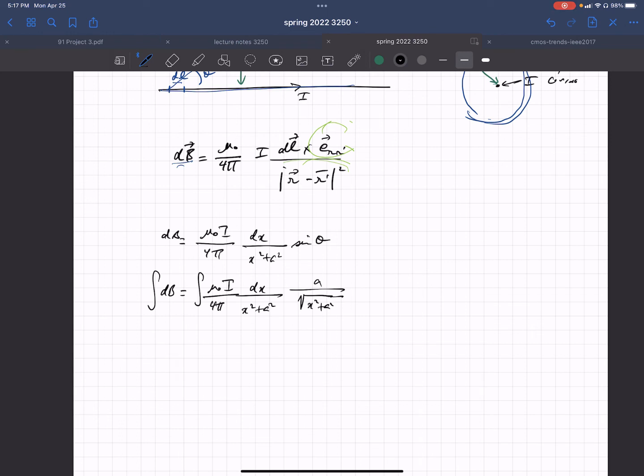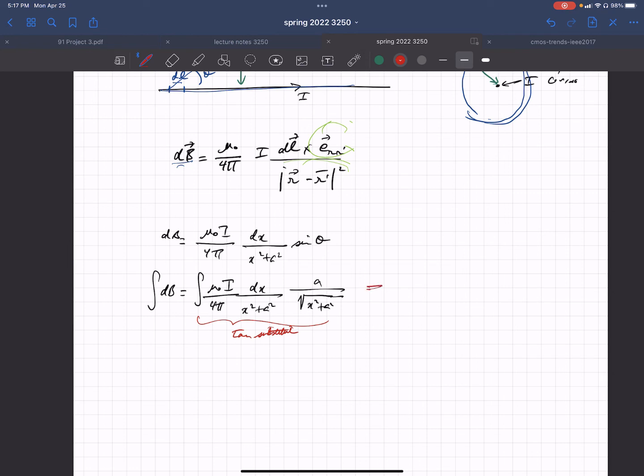Again, I won't go through it, but we do the tan substitution, if you guys remember those substitutions, the secants and stuff. We did that substitution to figure out the integral.